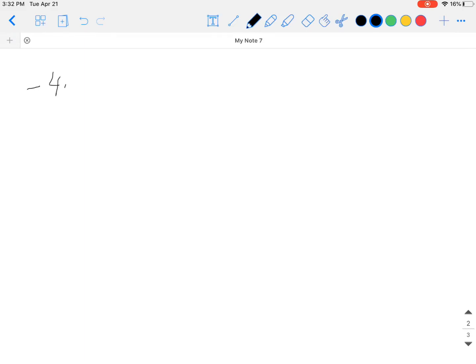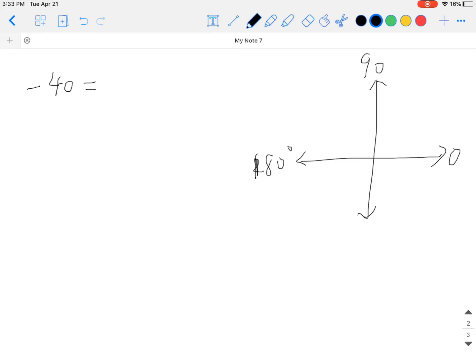What happens if we have negative 40 and I want to convert to radian? So first of all, negative 40, we want to take a look, where is it? Start from 0, 90, 180, 270. And then if we come back, we come back to 360.